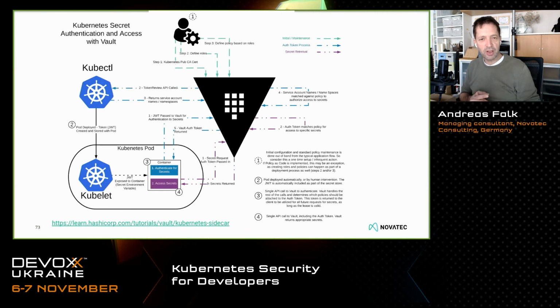HashiCorp Vault, I've taken that picture from HashiCorp, also offers a new feature called Kubernetes Sidecar Injector, where you have to do some build steps here to define roles, use the Kubernetes public CA cert, then configure your secrets, and then that injector is put in as a sidecar into your pod.